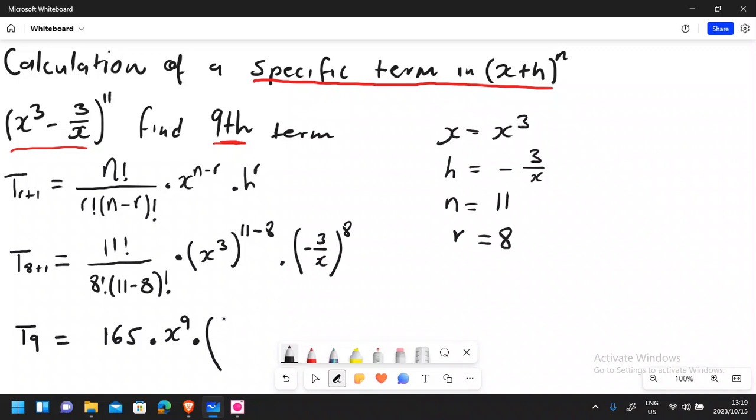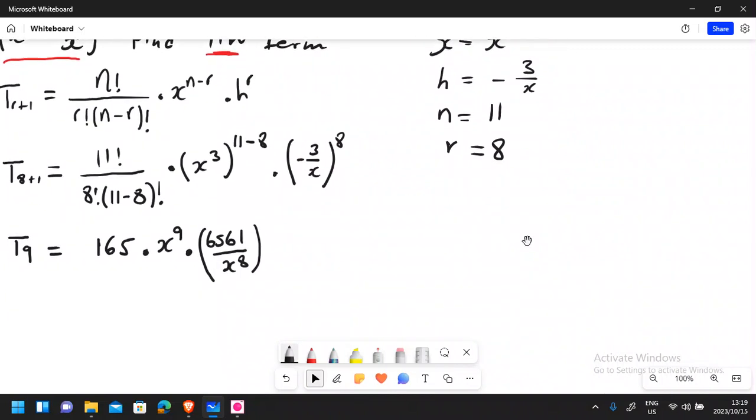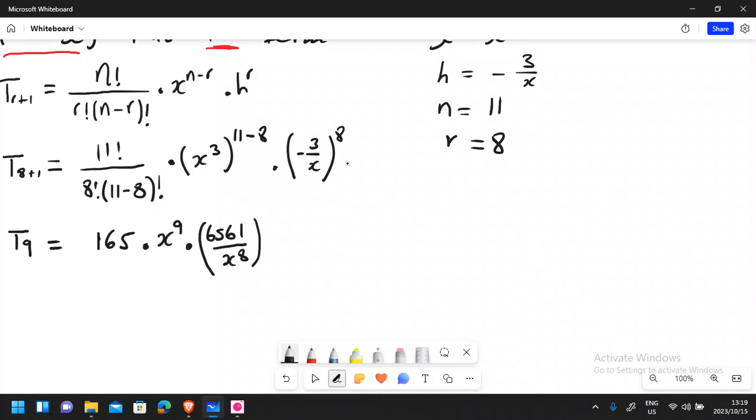If you say 3 to the power of 8, you'll be having 6561, over x to the power of 8. There we go. So this is your working.